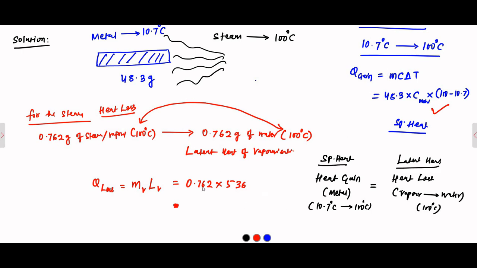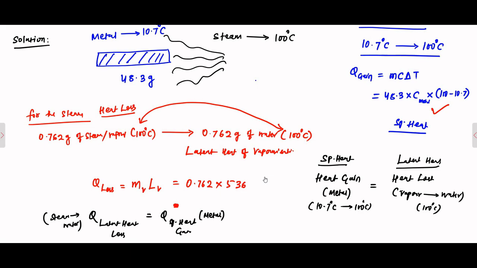So it means that this latent heat loss is equal to the specific heat gain. This is for steam to water at 100 degrees Celsius. This is for the metal, for the temperature to increase from 10.7 to 100 degrees Celsius.